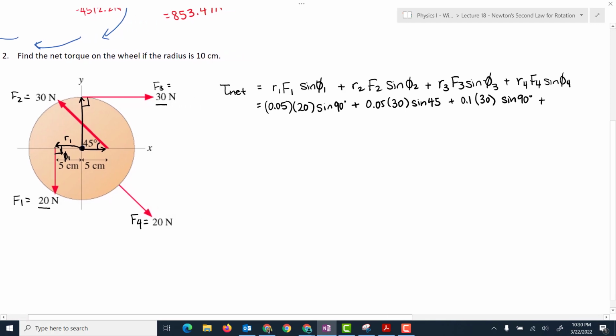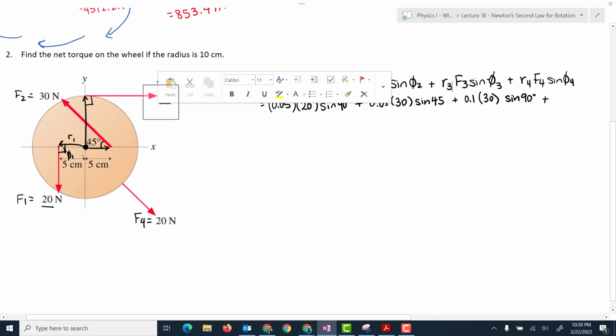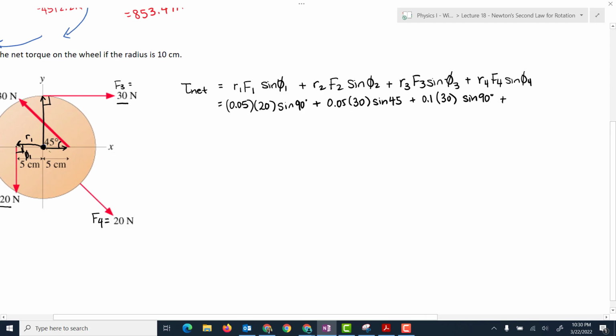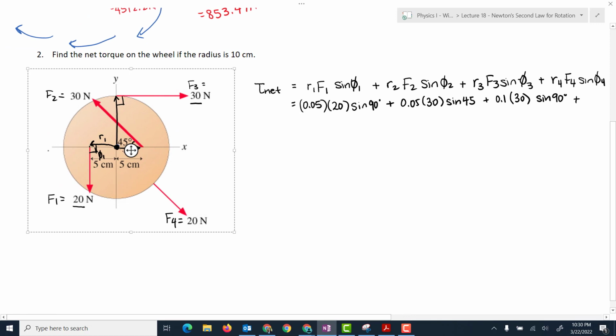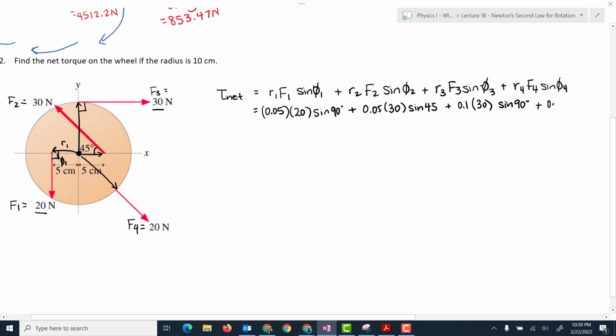Plus R4. R4 is the distance from the axis of rotation to the point where force 4 is applied, so that would be right here. That distance is again the radius of the wheel, 10 centimeters, so 0.1 times the magnitude of F4, which is 20, times sine of angle 4.